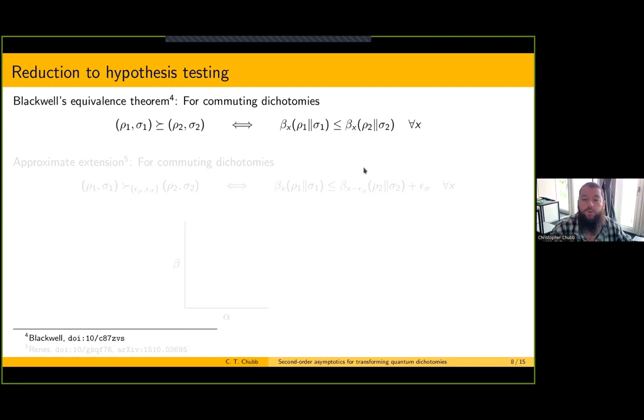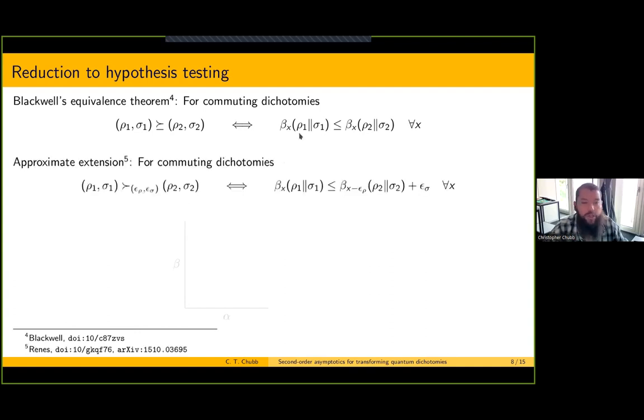Right, essentially what it's saying. Okay, this forward direction is quite straightforward to see from data processing. The backward direction is not so obvious, but it turns out it's true, which is quite nice. And a quite nice property of the trace norm or total variation distance is that there's actually an approximate version as well.